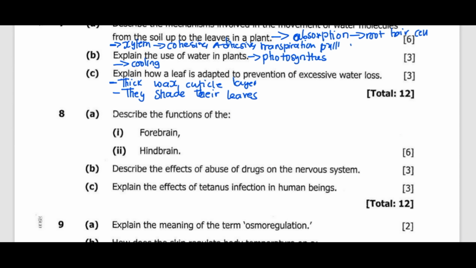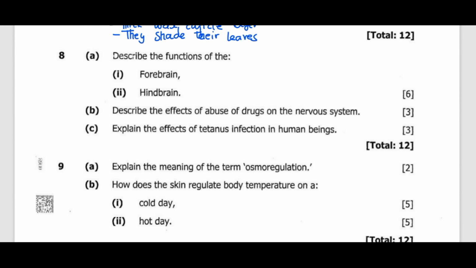Okay, so let's look at question 8a. Describe the functions of the first one, forebrain. The forebrain is where we have the collection of parts like the cerebrum.